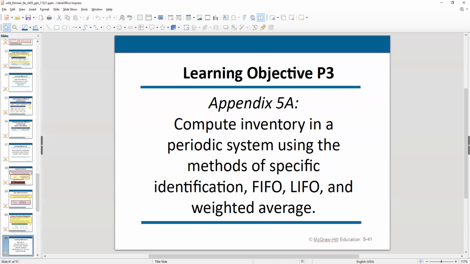Now I'm going to take you in real quick to McGraw Hill. So bear with me. I have to log in. And I'm going to show you how these problems are set up in your homework. Let's see, I'll use W01.